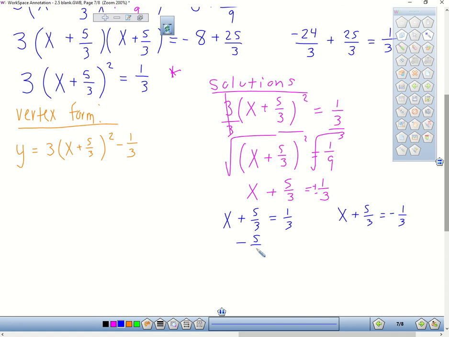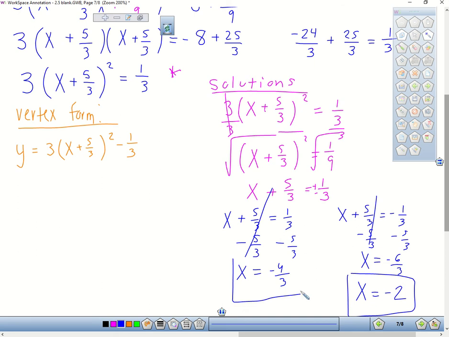Then we are going to subtract 5/3 on both sides. That gives me x equals negative 4/3. And if I subtract 5/3 on this side, that gives me x equals negative 6/3, which is equal to negative 2. So that would be our two solutions.